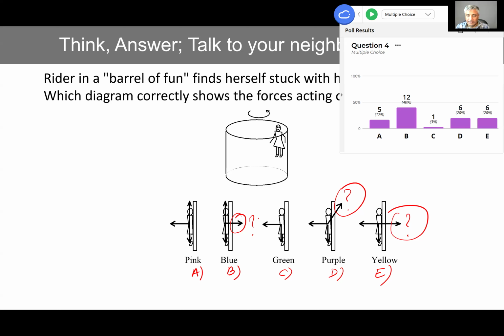Okay, contact friction. So which way should the friction be acting here? Which way is the person trying to slide here?